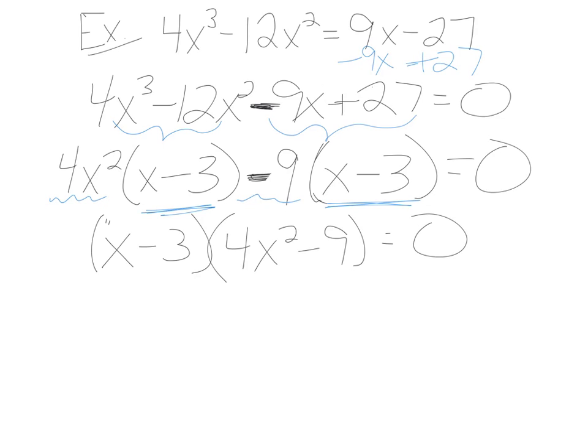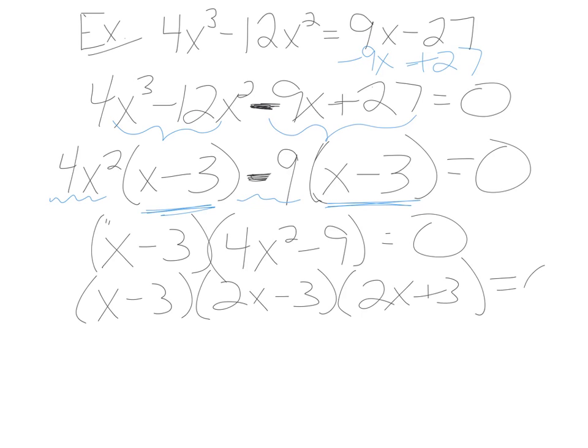4x squared minus 9 is a difference of squares. So I can factor that further into 2x minus 3, 2x plus 3. Now set each term equal to 0 and solve.